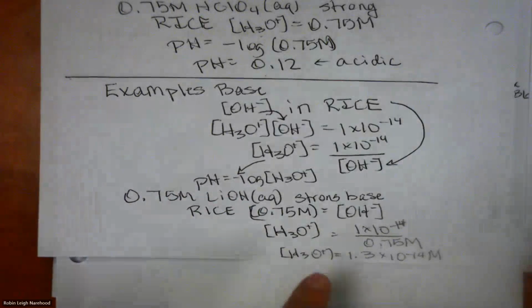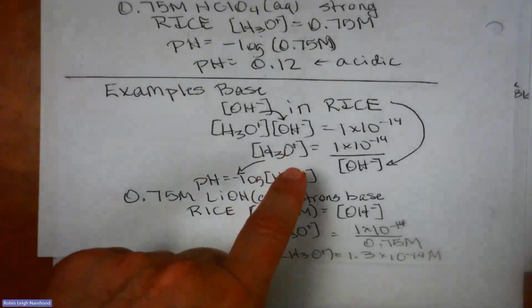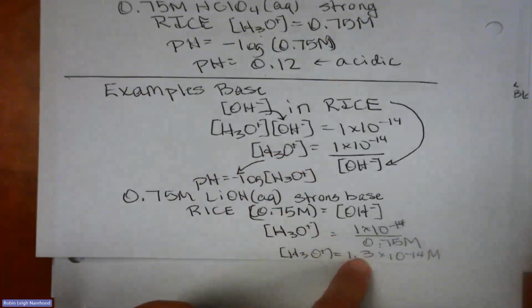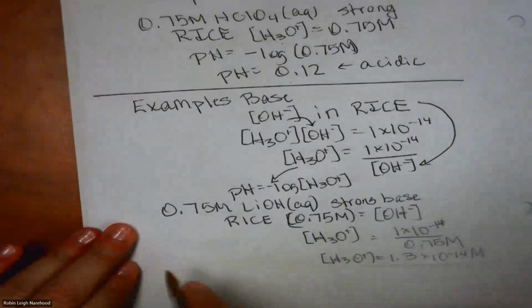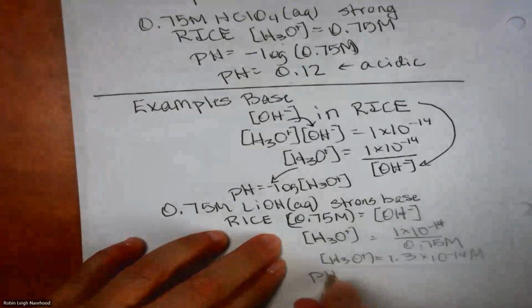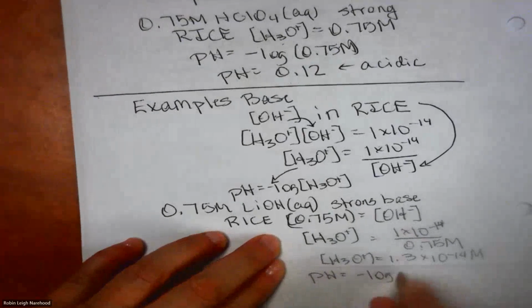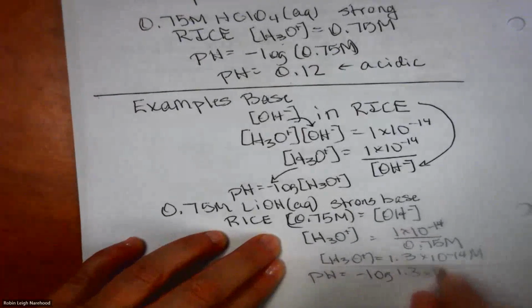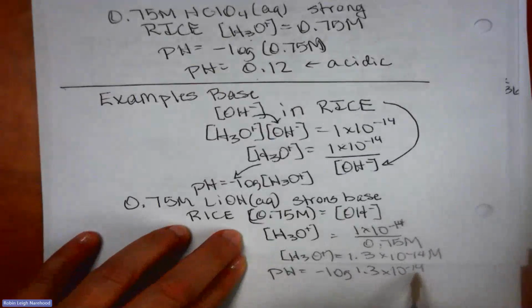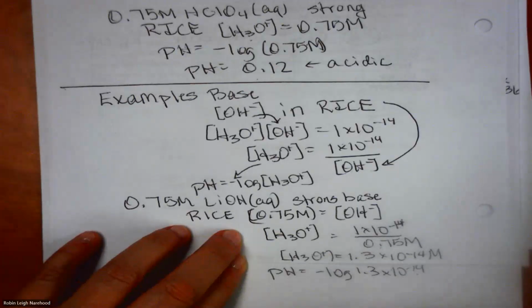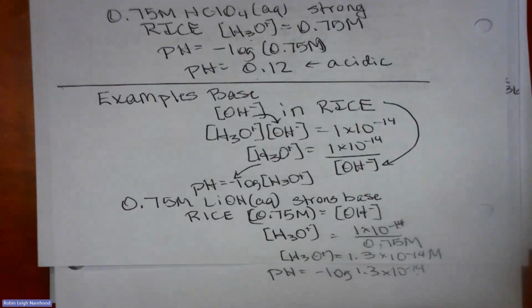With this, we're then going to take the negative log of this value, and it should be between 0 and 14. When you do the negative log, your pH is going to end up being somewhere close to what the exponent number is, because it's taking the number and turning it into 1 times 10 to the something.